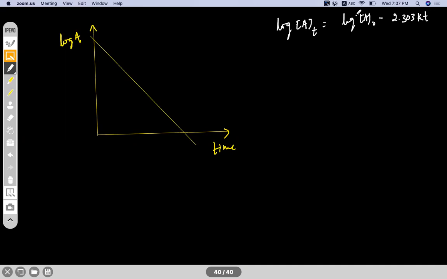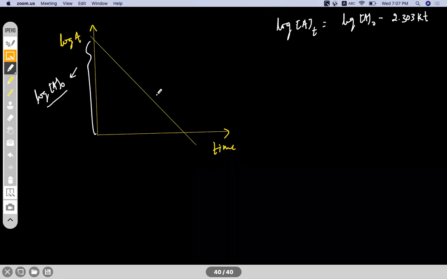You can take ln also, correspondingly you can find out. Okay, so the y-intercept we have here is log of A naught, right? The slope here is again 2.303 k we have, and these two coordinates also you can find out.